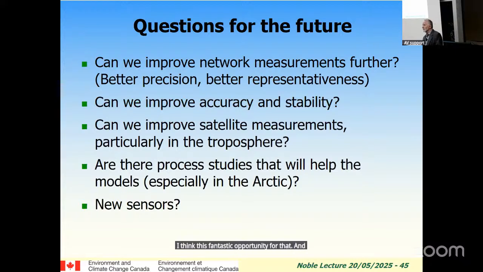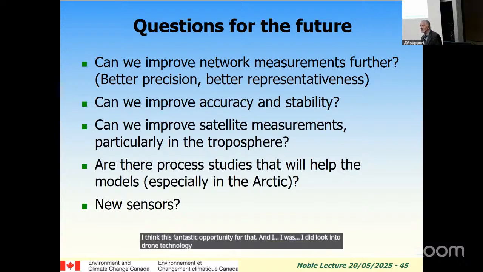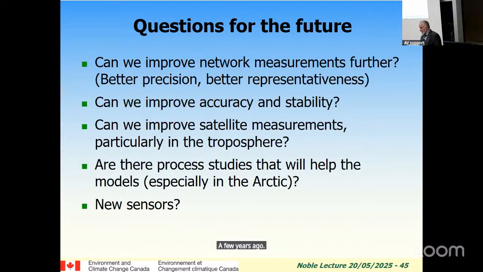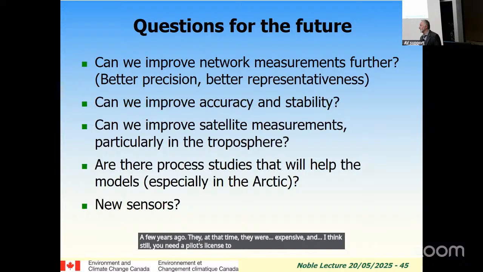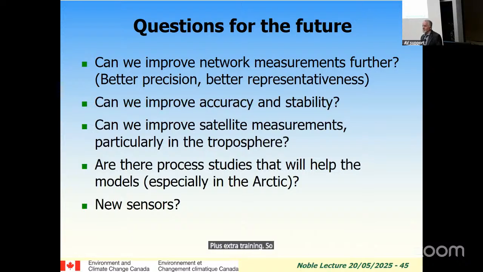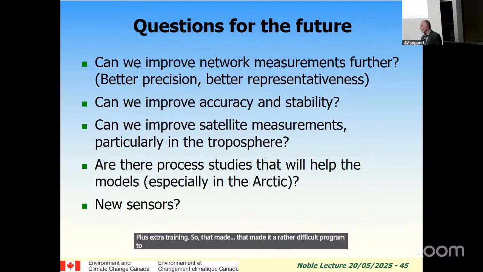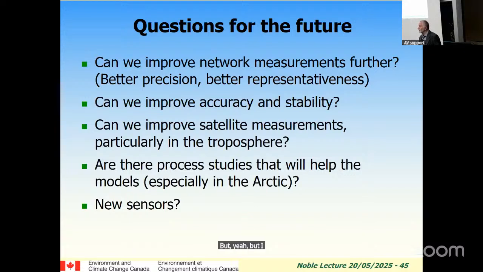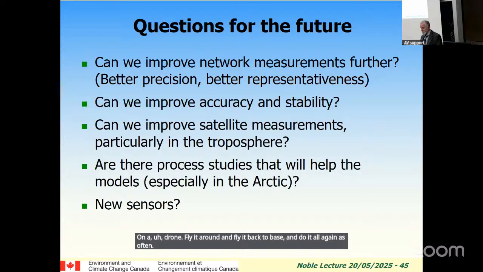And I did look into drone technology a little bit a few years ago. At that time, they were expensive, and I think still you need a pilot's license to operate them, plus extra training. So that made it a rather difficult program to run. But yeah, I wouldn't put an ozone sonde on it. I'd put a small spectrometer on a drone, and then you fly it around and fly it back to base and do it all again as often as you like.